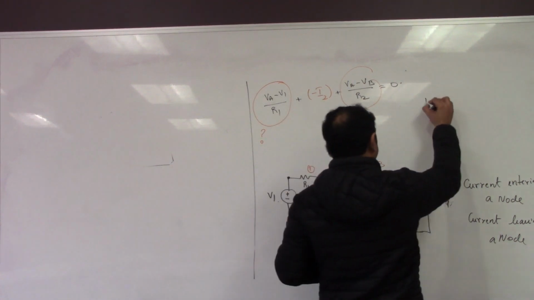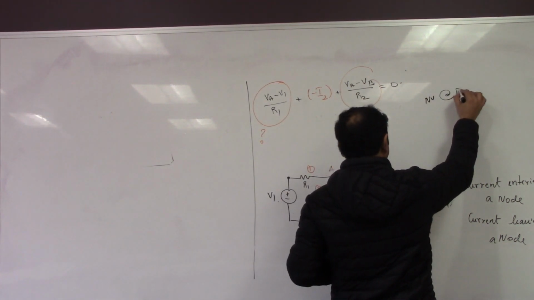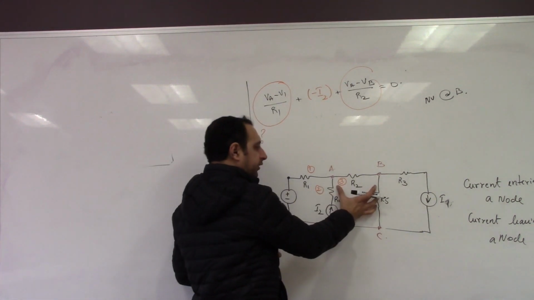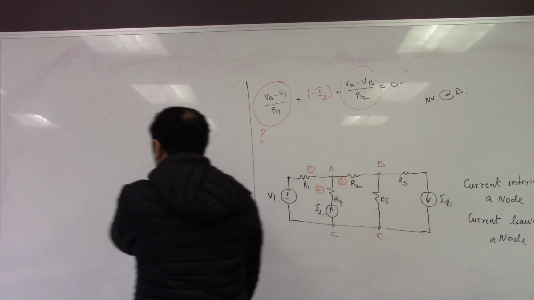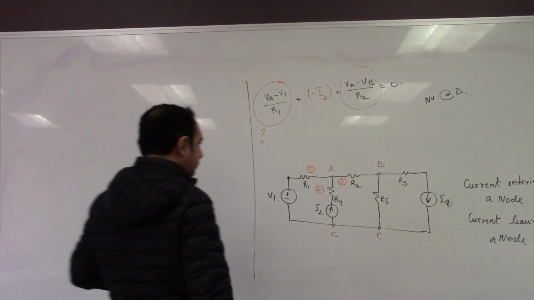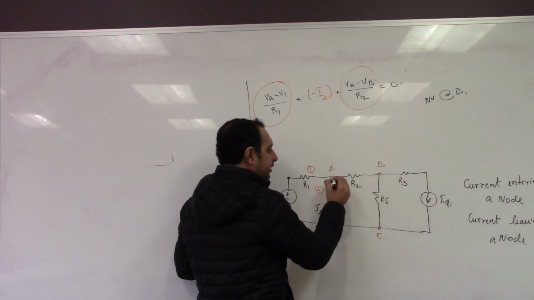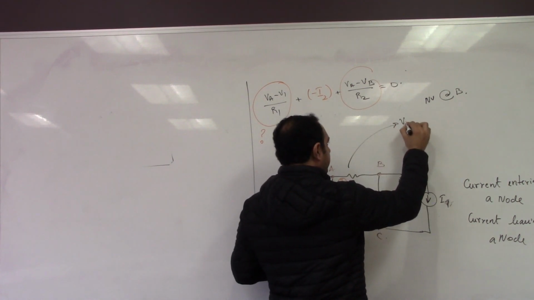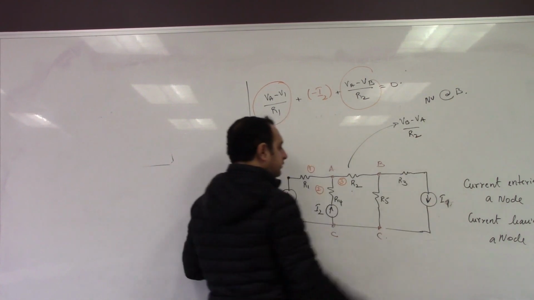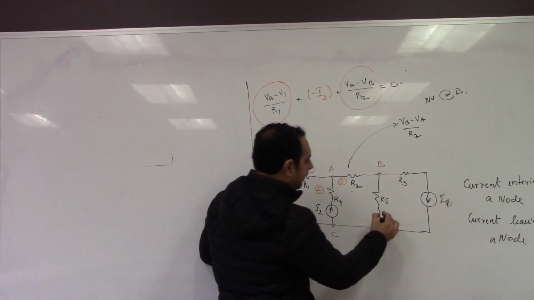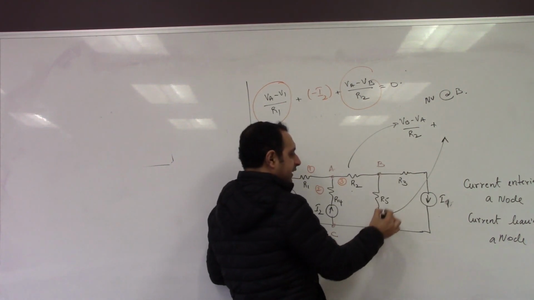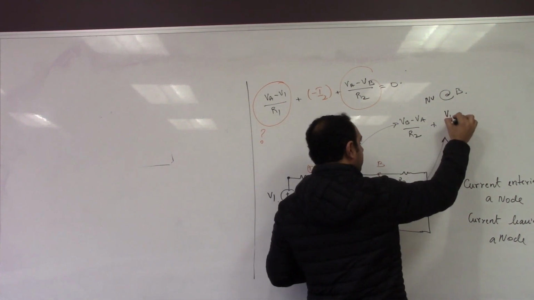So node voltage at B. All right, we'll start from here: VB minus VA divided by R2. So this branch will be VB minus VA divided by R2. Then we'll have this branch, which will give us VB minus VC divided by R5.